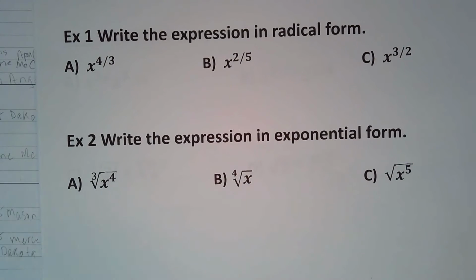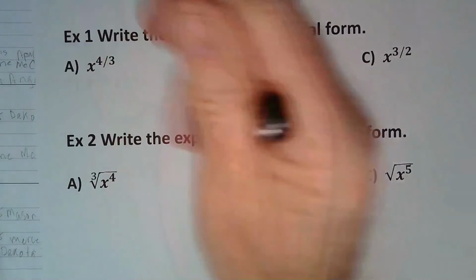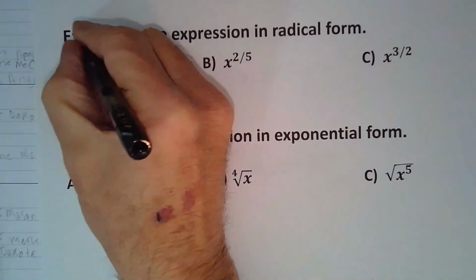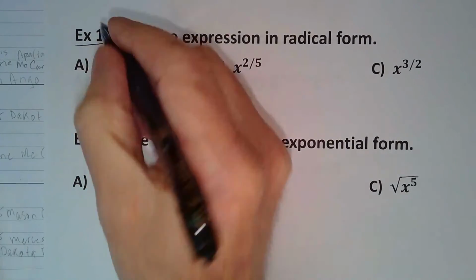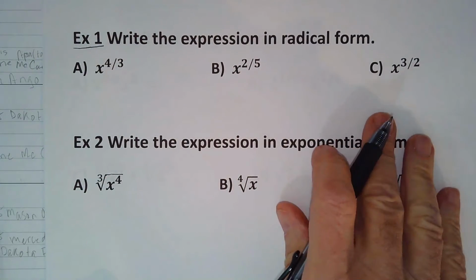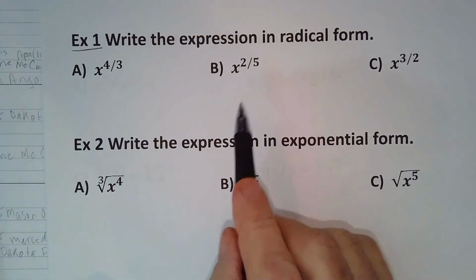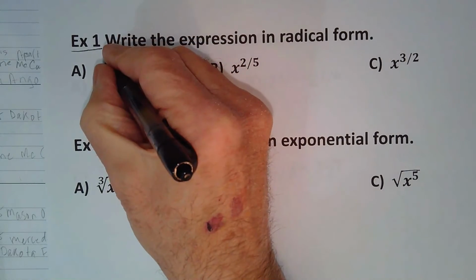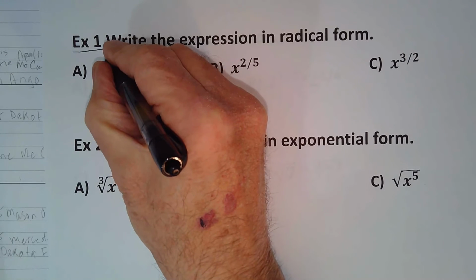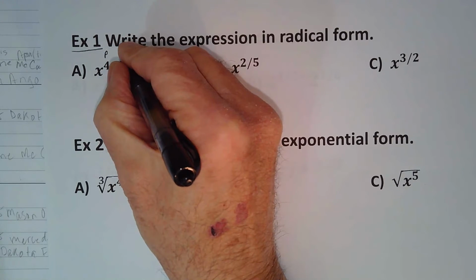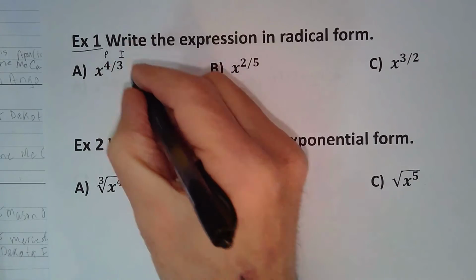All right. So in this first example, we want to write this expression in radical form. So these are all, if you look at them, fractional exponents. So it's pretty easy. Remember that the numerator is always the power and the denominator is always the index, right?